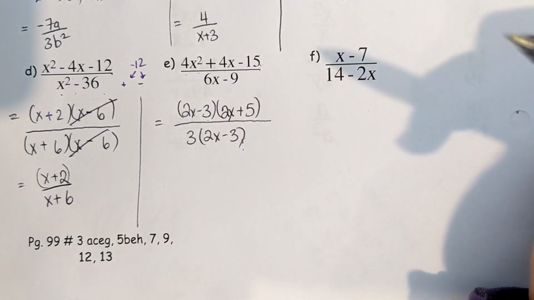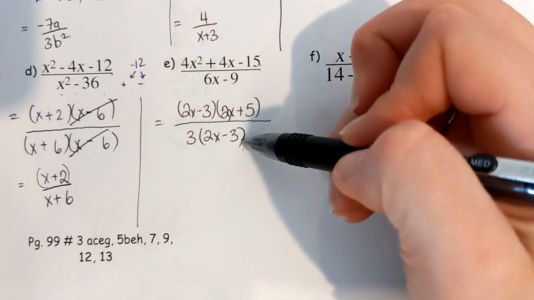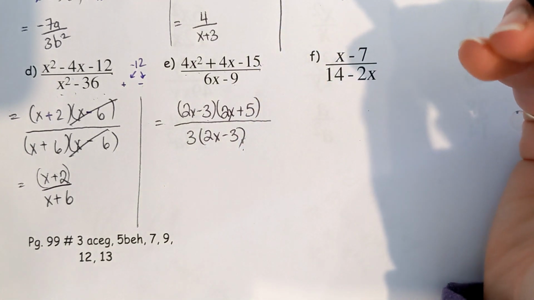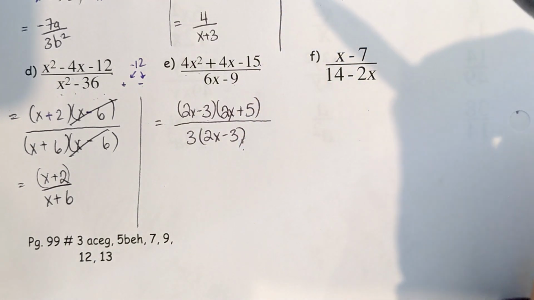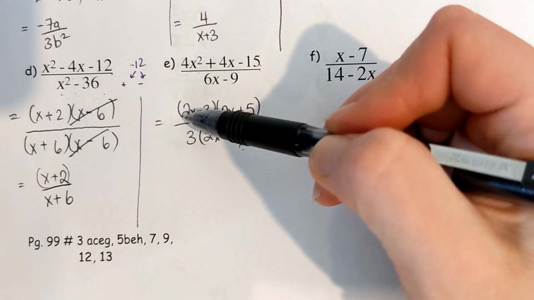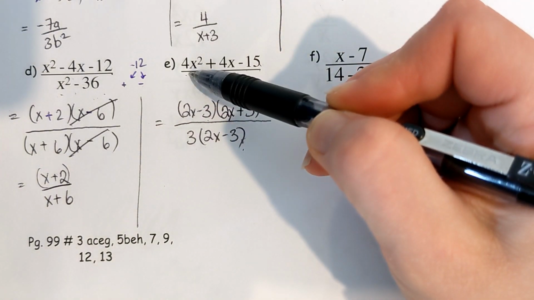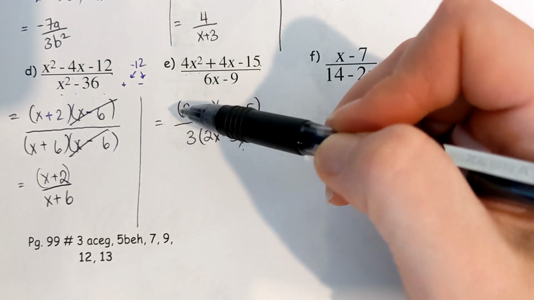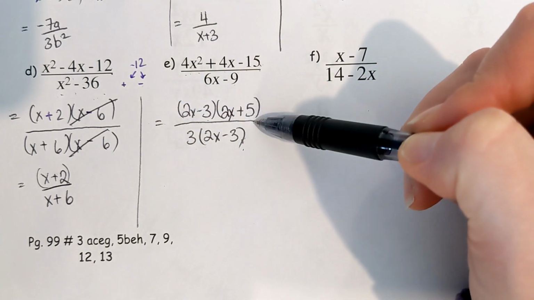So because I just kind of guessed this based on how the bottom factored, I want to double check and make sure all of my terms are correct. So F, first times first, 2x times 2x, 4x squared. O, 2x times plus 5, that's 10.